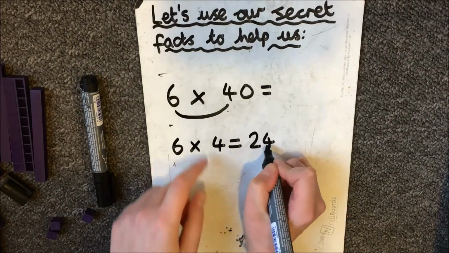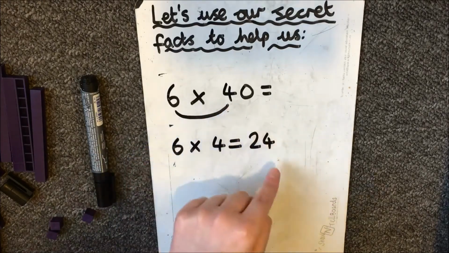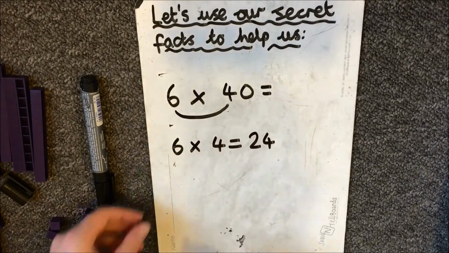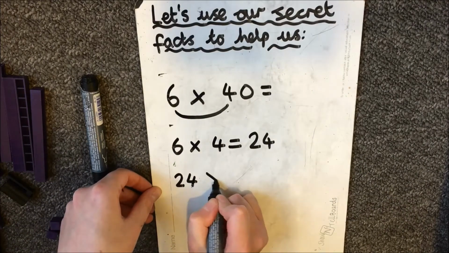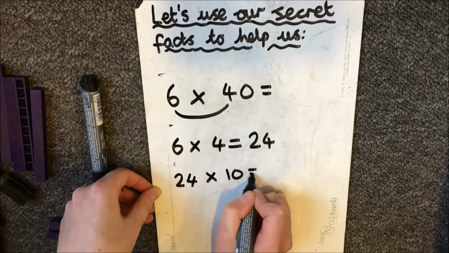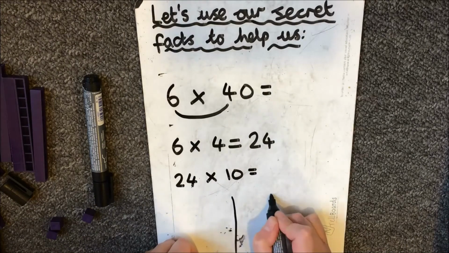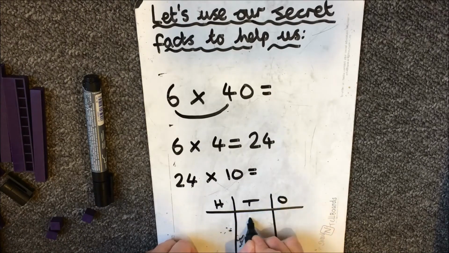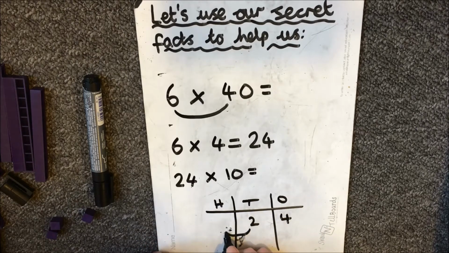Now, I'm not timesing by 4 ones, I'm timesing by 4 tens. So this has to get 10 times bigger. So I do 24 times 10. Do you remember what happens? So this is 24. 2 tens, 4 ones. What happens? That's right.